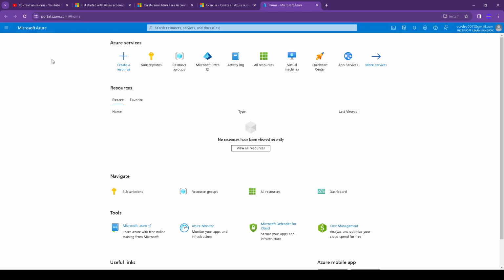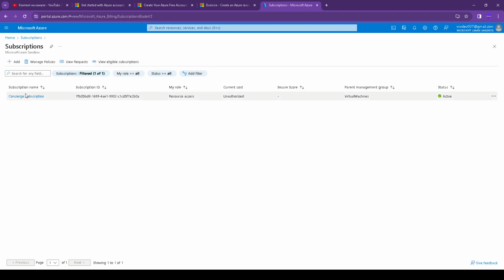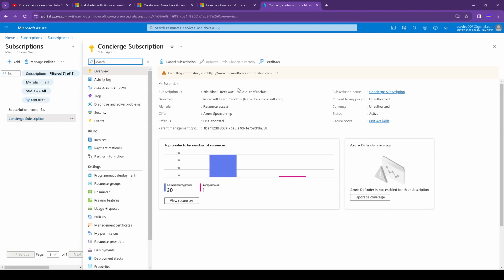So we are in the Azure portal, and you can see that we have a subscription, the concierge subscription. And here is Learn Sandbox: subscription name, scope, and products.